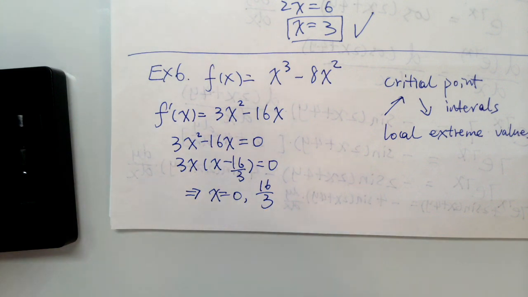But sometimes, when you take the derivative, especially if the derivative expression is in a rational format and the denominator involves a term of x, you have to be very careful, because the values that make the denominator equal 0 are also critical points. The definition of a critical point is those values where the derivative either equals 0 or does not exist.